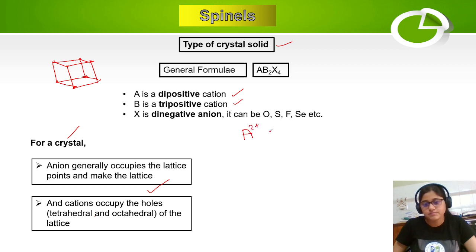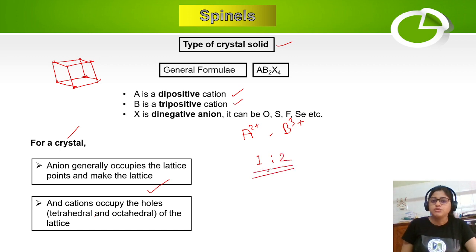A2+ and B3+, these two kinds of cations are there, and please try to remember that their ratio is 1:2.